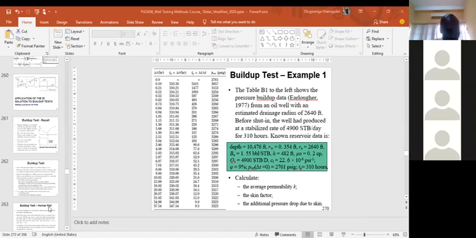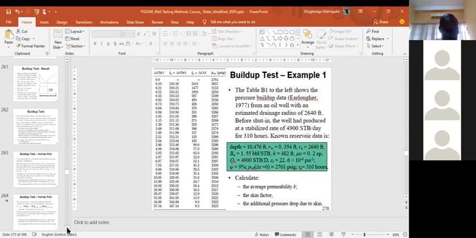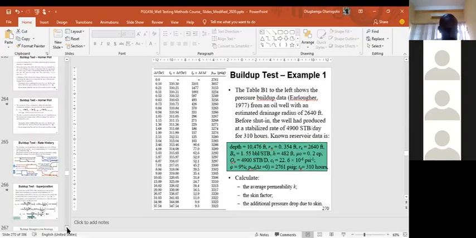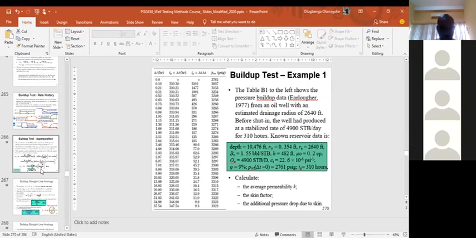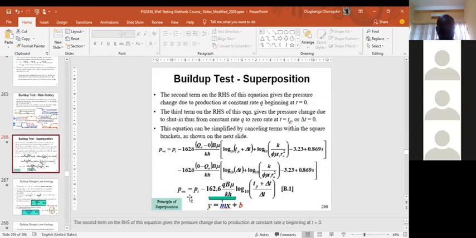Now, we call this equation B1, and probably this could also help Cruz. Look at equation B1 again. In equation B1, your shut-in pressure is directly proportional to the log of the Horner's time.